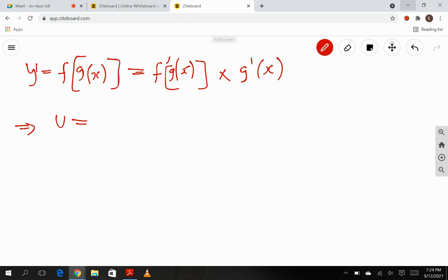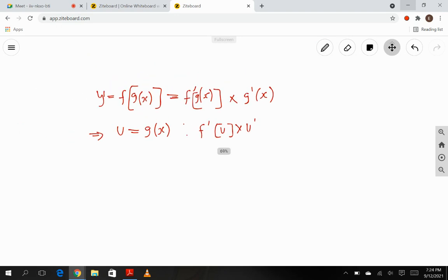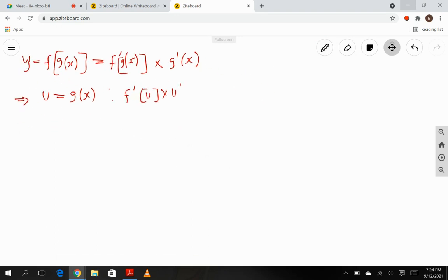If we say u is g of x, our formula would be f prime of u times u prime, isn't it? So that's what we'll do. Now, since we are focusing on trigonometric things, let's look at this.